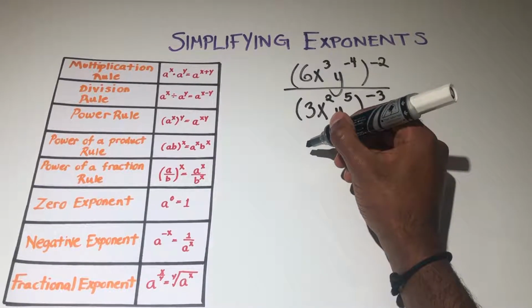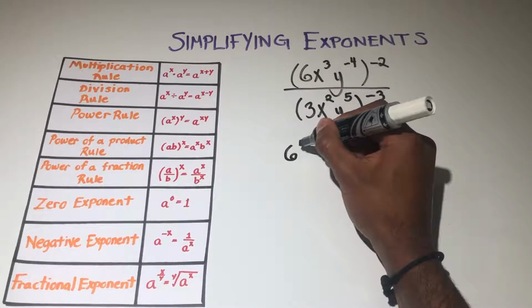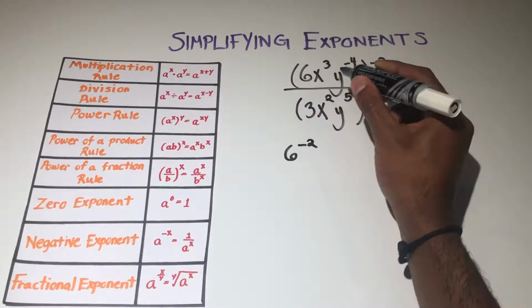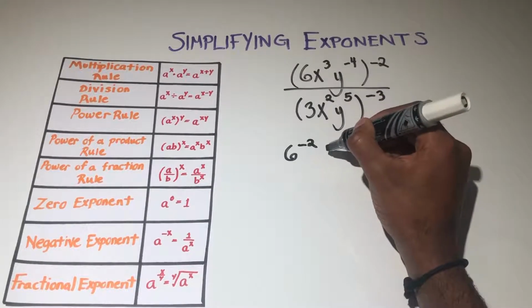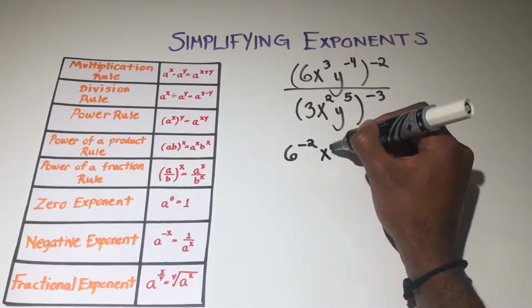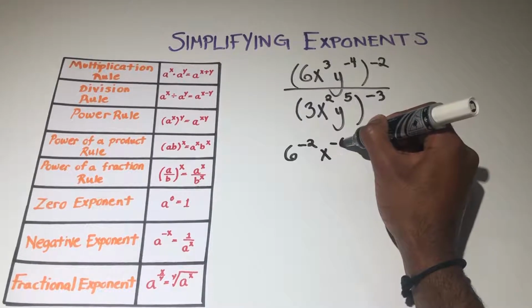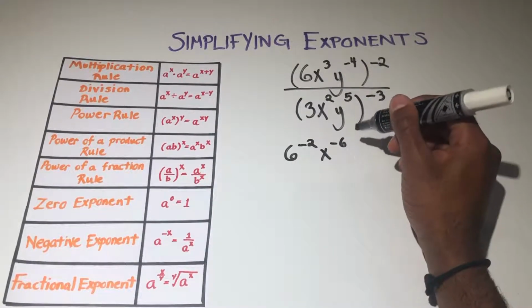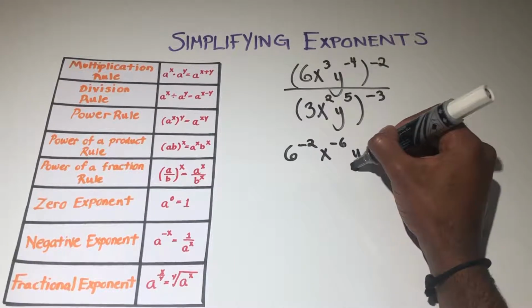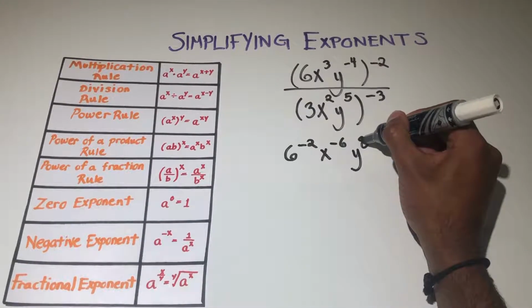So at the top, we have 6 to the power of -2, x to the power of 3 to the power of -2 is going to give us x to the power of -6. Then we have y to the power of -4 to the power of -2 is going to give us y to the power of 8.